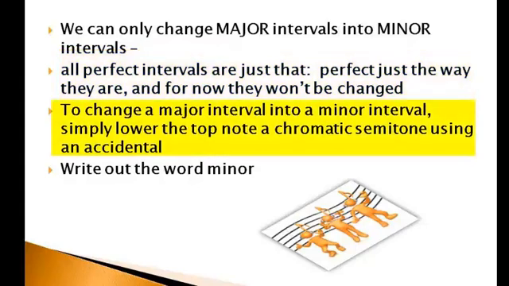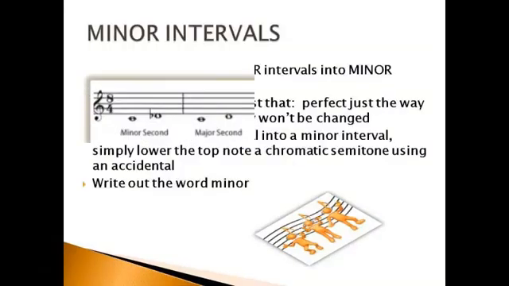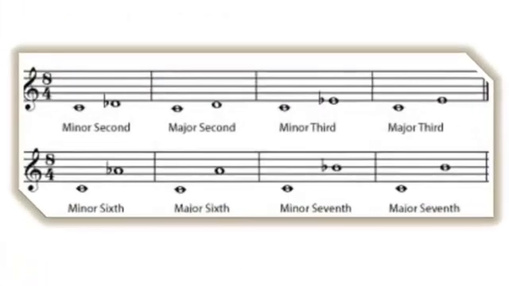To change a major interval to a minor interval, we're going to lower the top note by a chromatic semitone, often using an accidental. If you're identifying a minor interval, it's always best to write out the word minor. From the examples on the screen, the bottom note in all of these is a C. So we're working in the key of C major.